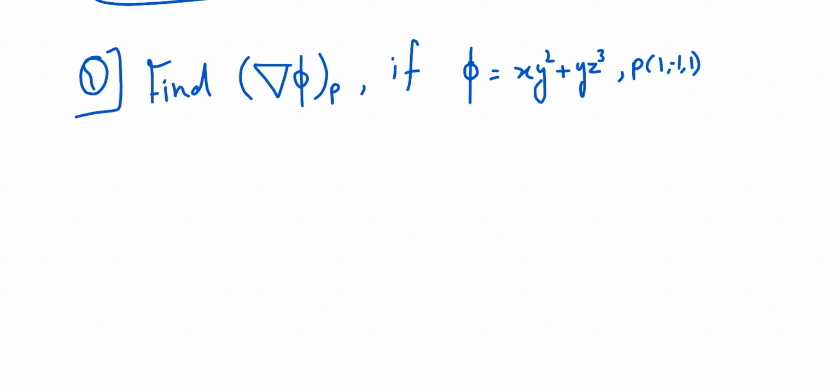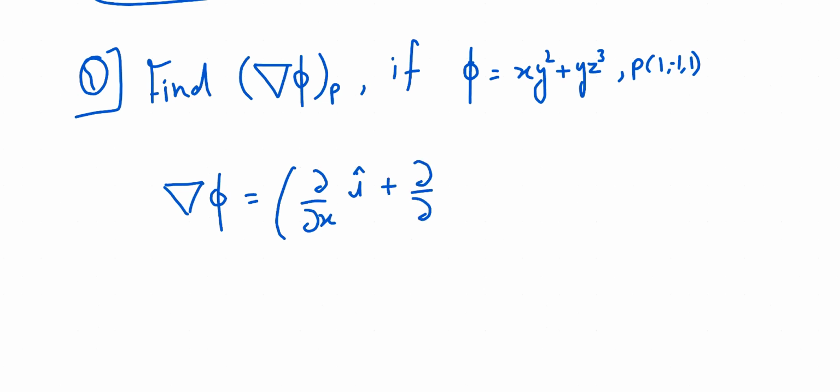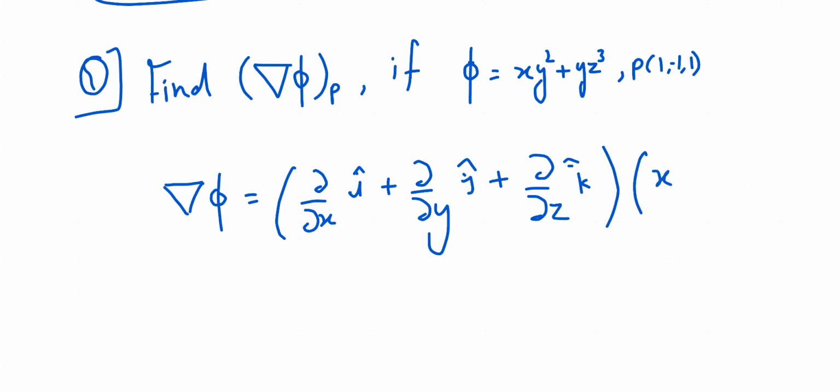So for the gradient of phi, we can use this formula: del over del x into i cap plus del over del y into j cap plus del over del z into k cap, and phi is x into y square plus y into z cube.